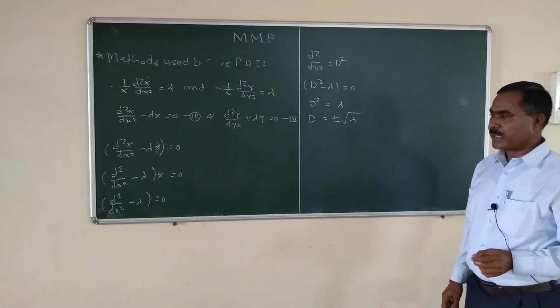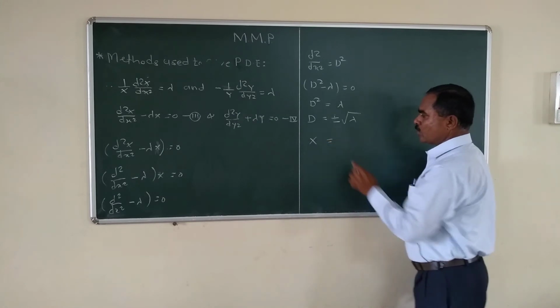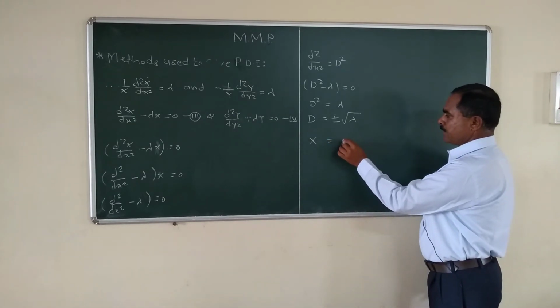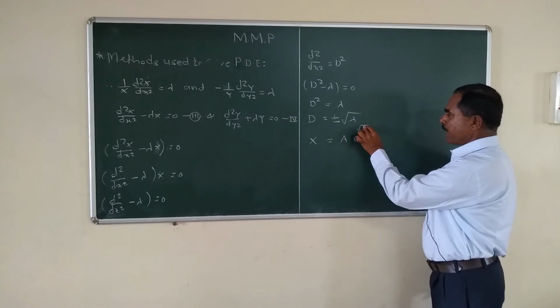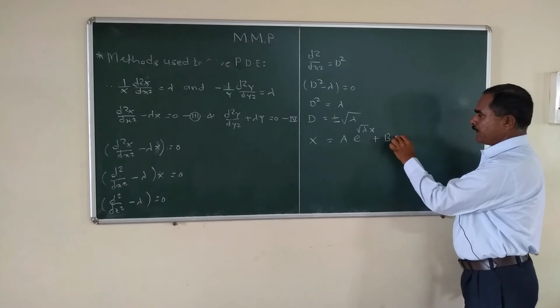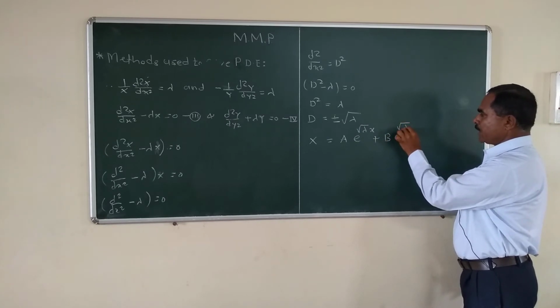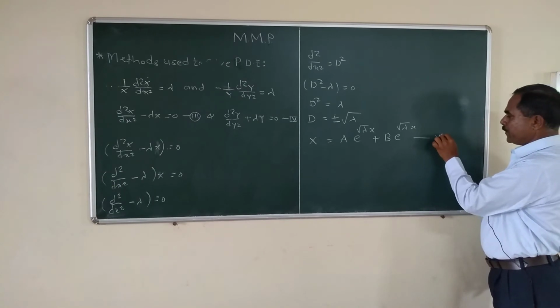Then the general solution in the form of X can be written as X equal to A e raised to root lambda into x plus B e raised to minus root lambda into x, equation number 5.